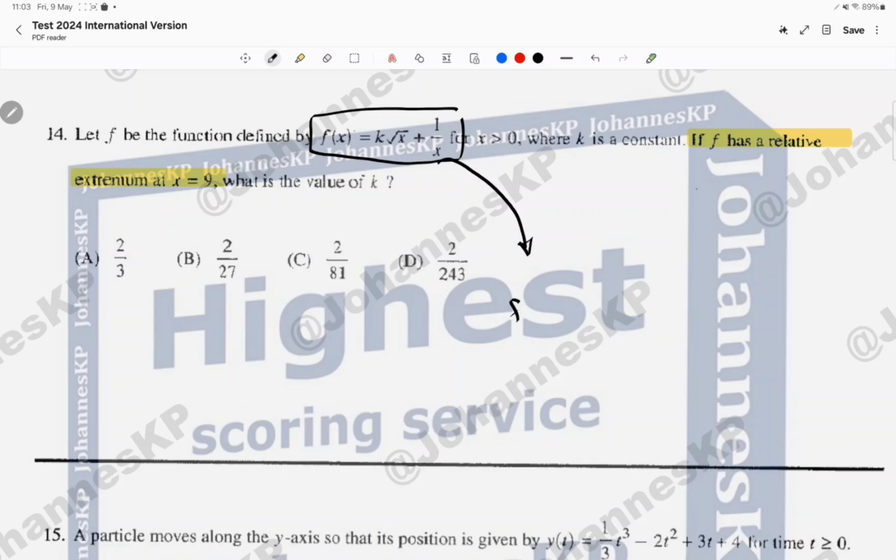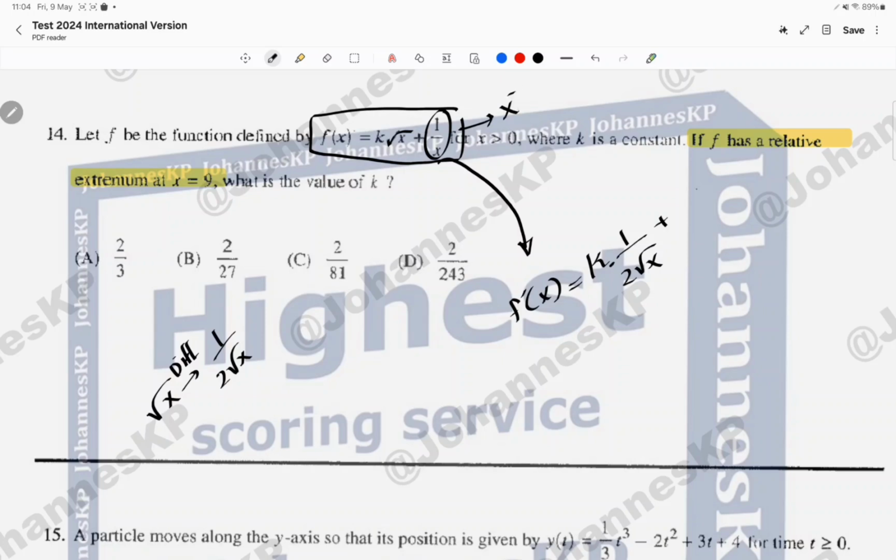So let's differentiate. Do you know how to differentiate root of x? Say x to the 1 over 2. It becomes 1 over 2 root x. So the k doesn't change. So k times 1 over 2 root x. Plus, like I told you before, I don't like differentiating one over x in the bottom.